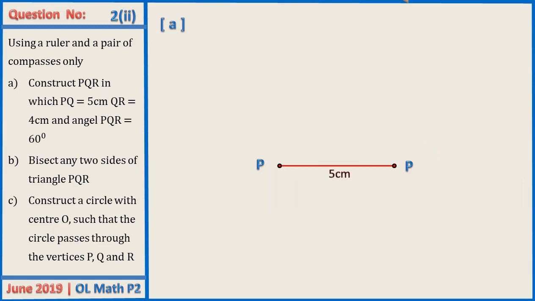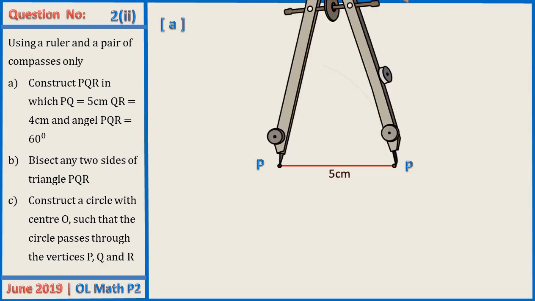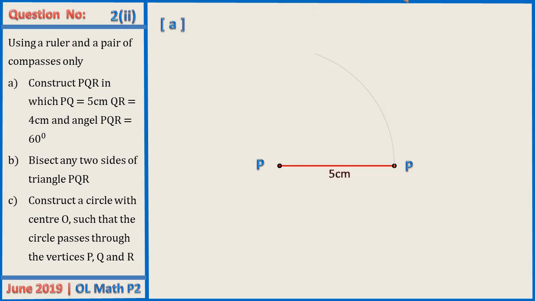The next thing is to construct the angle 60 degrees. Note that to construct an angle of 60 degrees, we just have to form an equilateral triangle using faint lines. So I will place my compass at P and open out the other end to Q. I will make this faint line, and I'll now place it at Q and do the same thing.